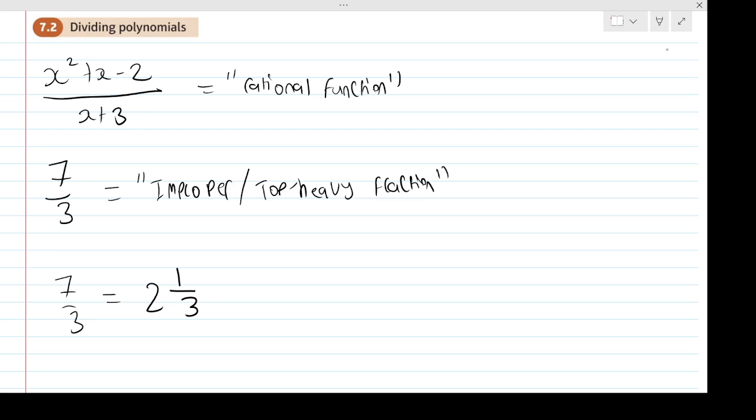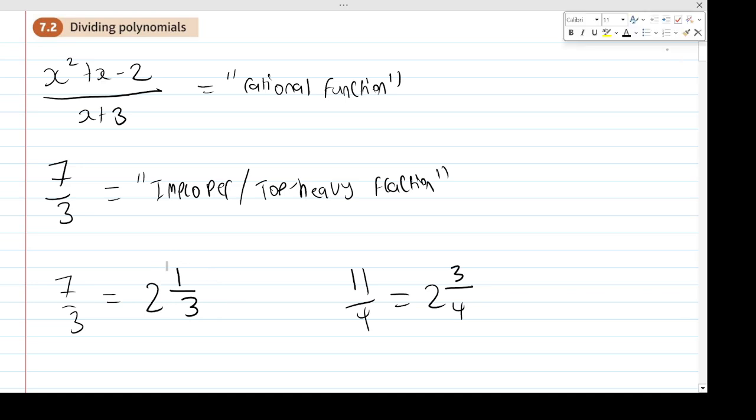Okay, and then another example, say we had 11 over 4. Again, that's top heavy. 11's bigger than 4. So we could say, well, how many 4's go into 11? Well, 2. 4, 8, but then 12 would be bigger than 11. So we have 2 lots of 4. Then out of 4, well, to get from 8 to 11, we need 3. And so the whole idea is that we reduce the fraction down to be smaller.